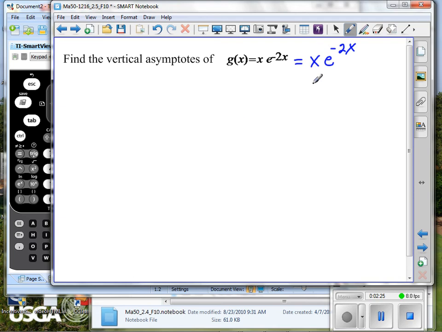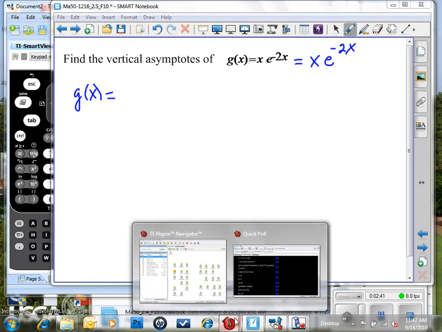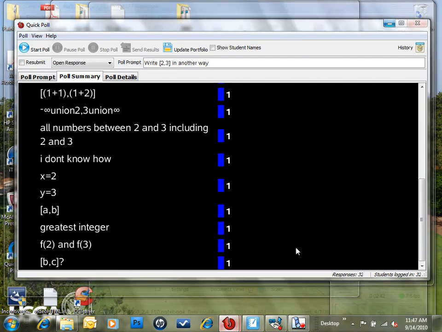What's another way of writing g of x besides what you see here? Okay, so here comes the quick poll. You have a chance to answer this question.